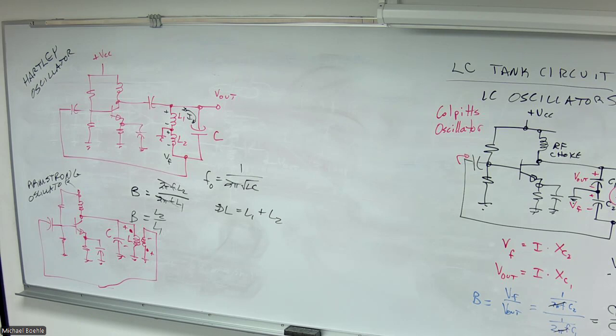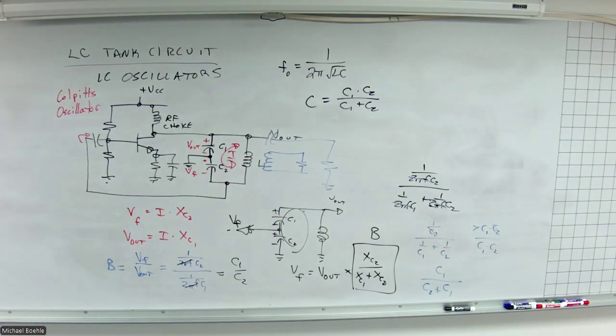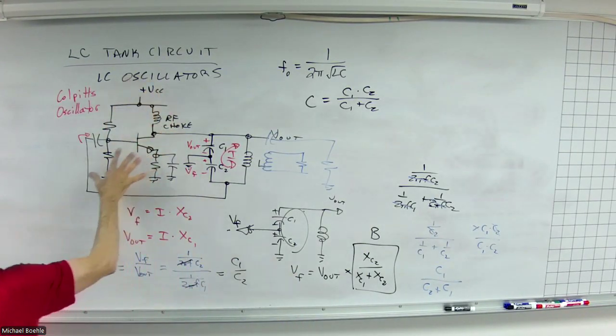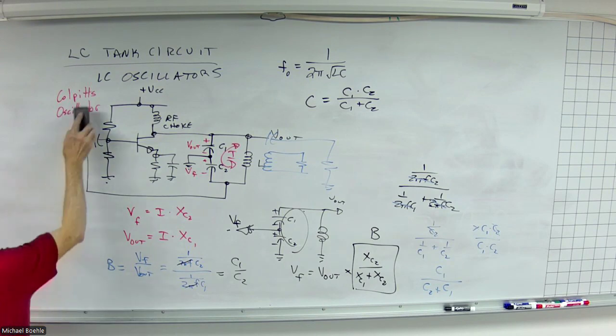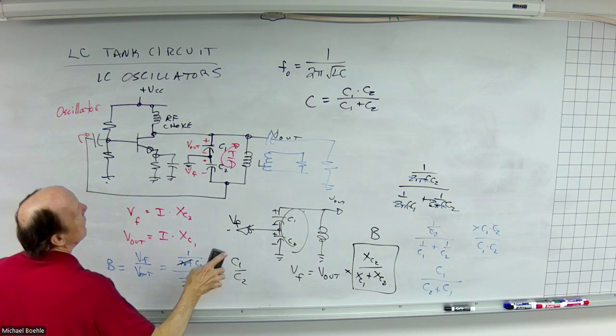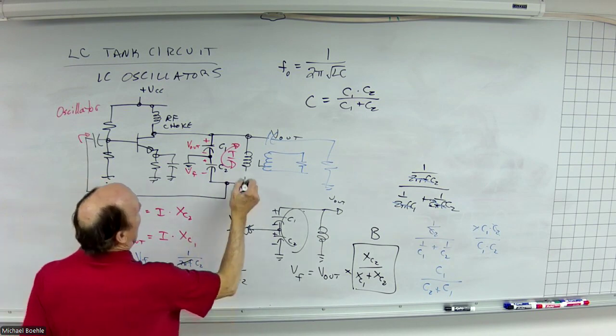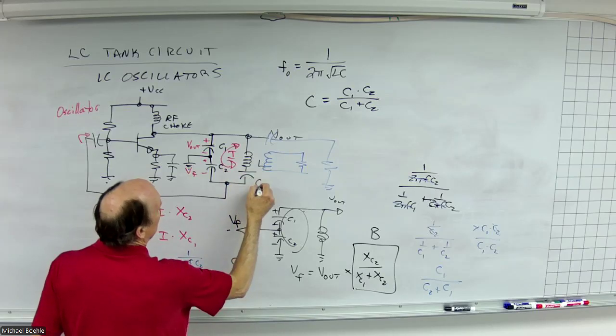So kind of annoying. So what I do, here, let me just go ahead and modify this one. So what we do with our Colpitts oscillator is I make one slight change. I add in C3.